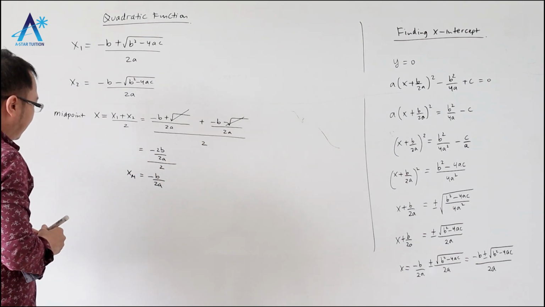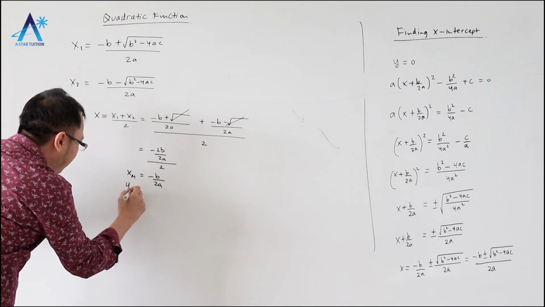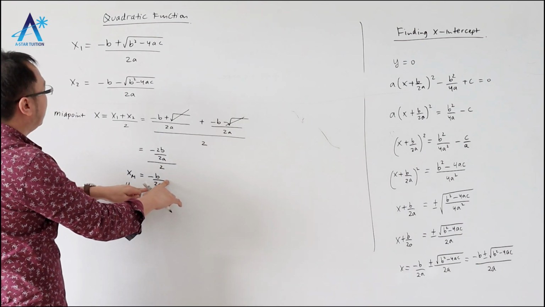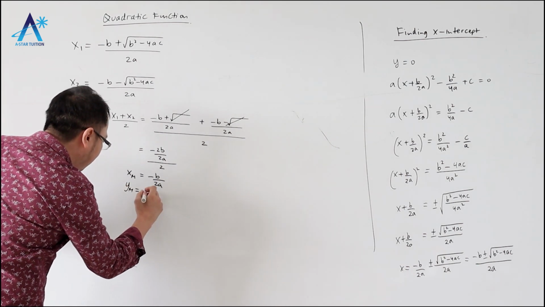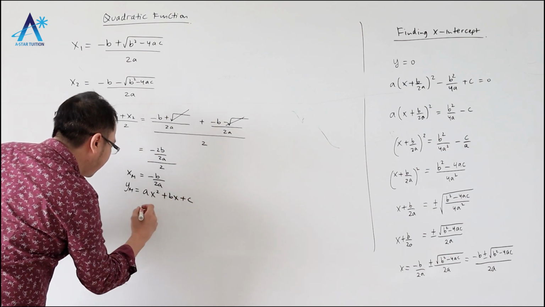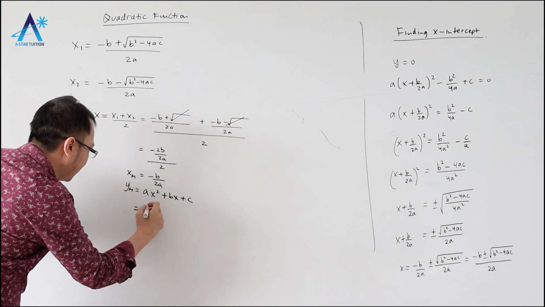Okay, to find the y-coordinate of the midpoint, we just need to plug this back into the general equation, which is ax squared plus bx plus c. The x here is to be replaced by the following.